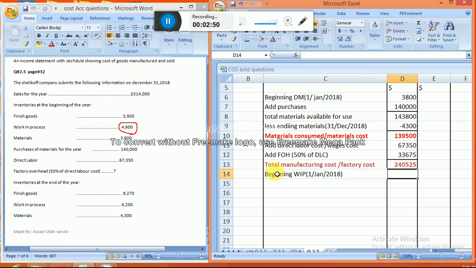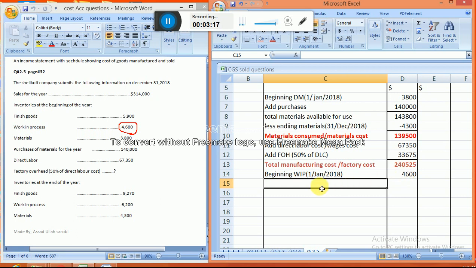How much? 4,600 process was remaining from the previous year, and the 2,40,525 process is of 2018. The 4,600 is the process of 2017. Now we add these two.